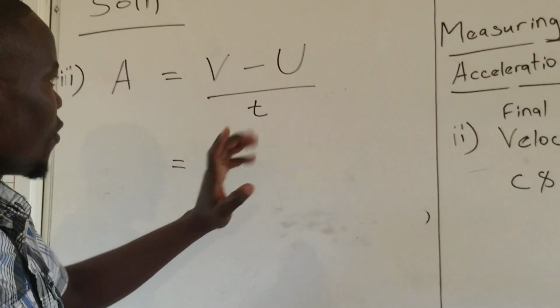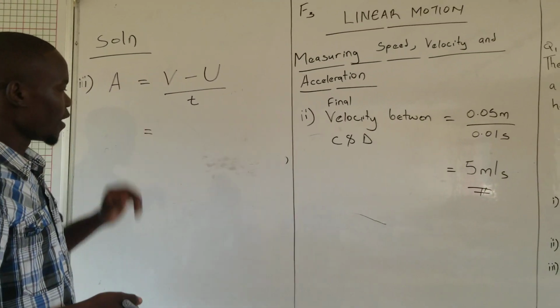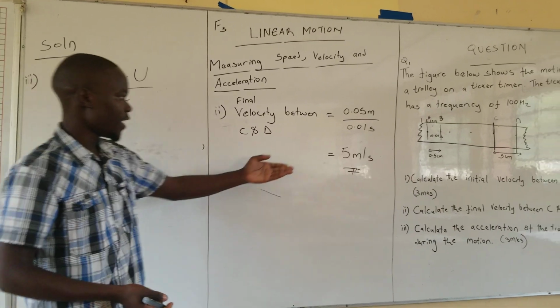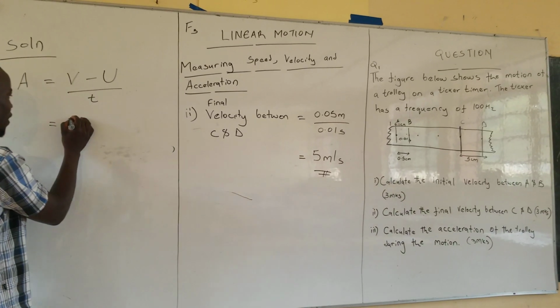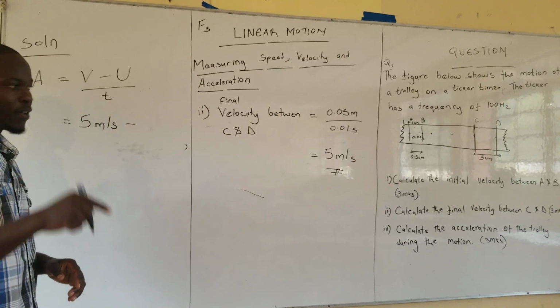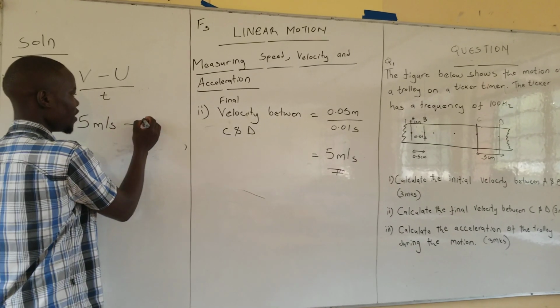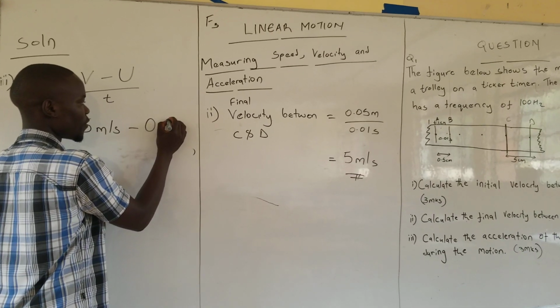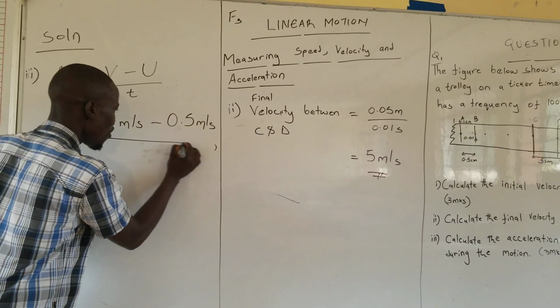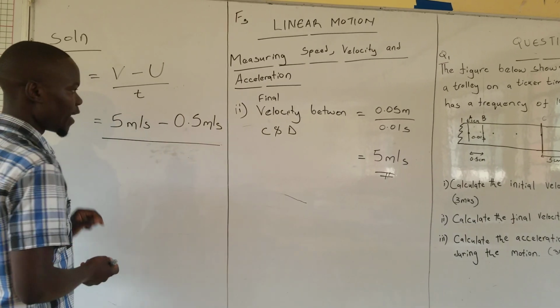I already had my final velocity as 5 meters per second, so I write down 5 meters per second. And remember, in Roman 1, we got our initial velocity to be 0.5 meters per second. And then I divide all this by time.